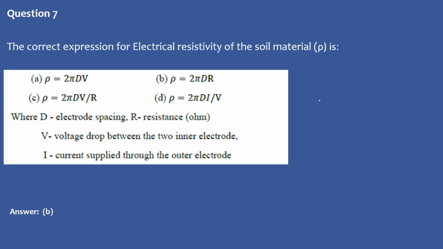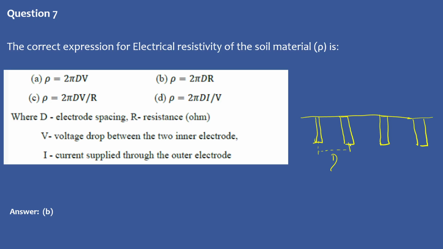Usually for measuring the soil resistivity, we introduce 4 electrodes into the soil medium, and these 4 electrodes are placed at equal distance from each other.